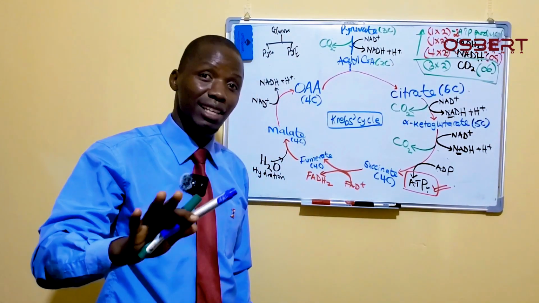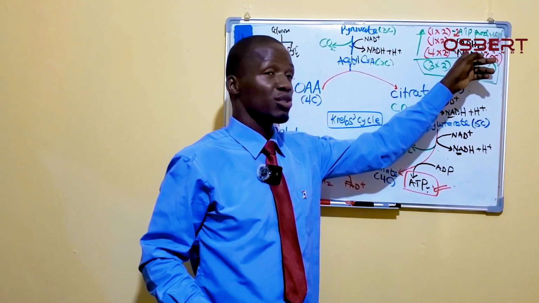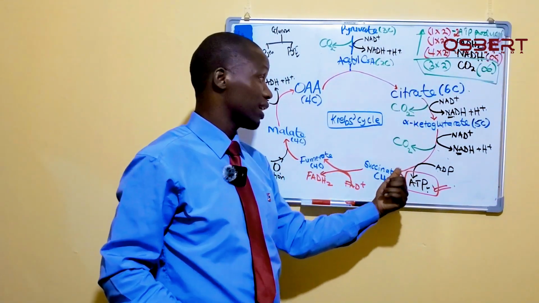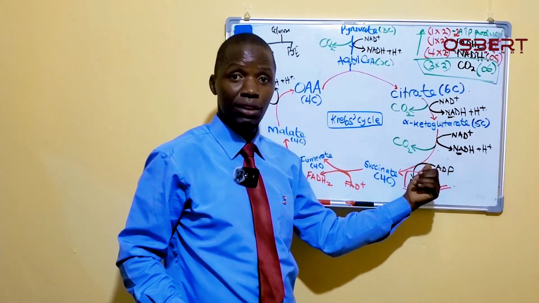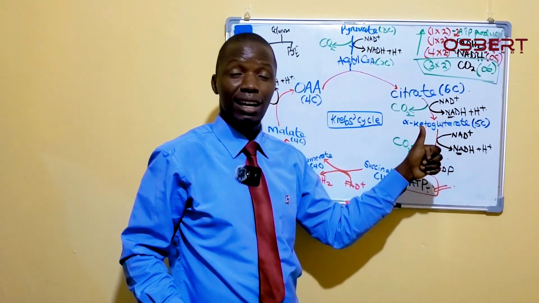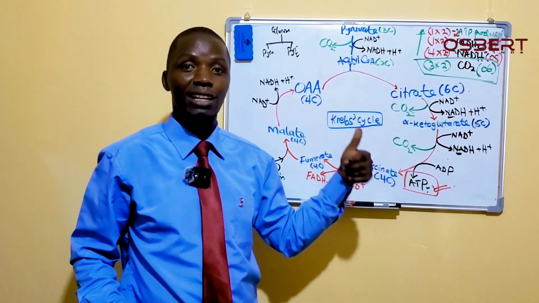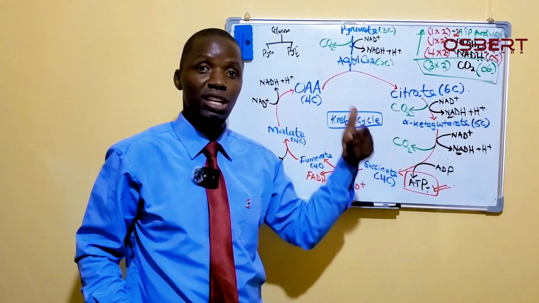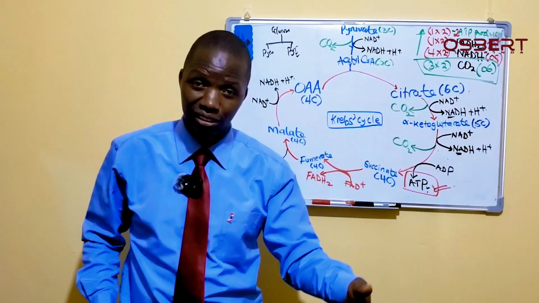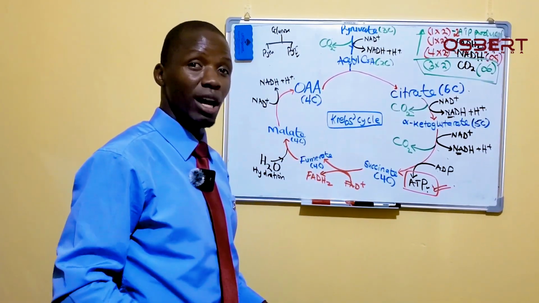However, before I go into the other details, why I'm saying these are important is because these 2 molecules, the FADH2 and the NADH, have helped us to pick up electrons and hydrogen atoms here. When the NADH and the FADH2 take those electrons and hydrogen atoms to the next step, the 3rd step, which we call the electron transport chain, more energy is produced there. That's why I'm emphasizing them.